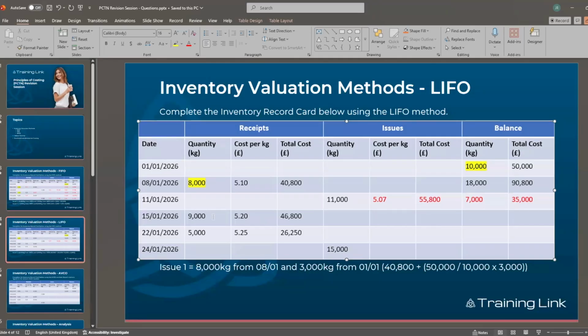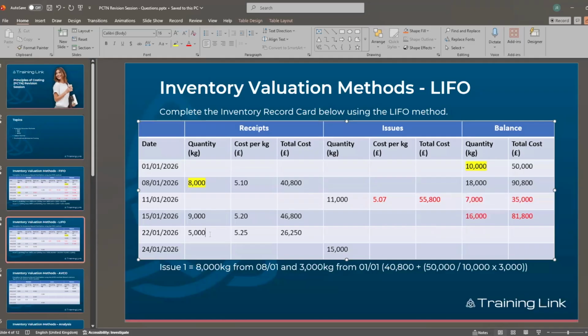And then we'd add these on again. So we had 7,000. We've just got a receipt for 9,000. So that takes us to 16,000. The cost was 35,000 at this point. We've got the 46,800. So if we add those together, we should get 81,800 as a valuation for our 16,000 kilograms.